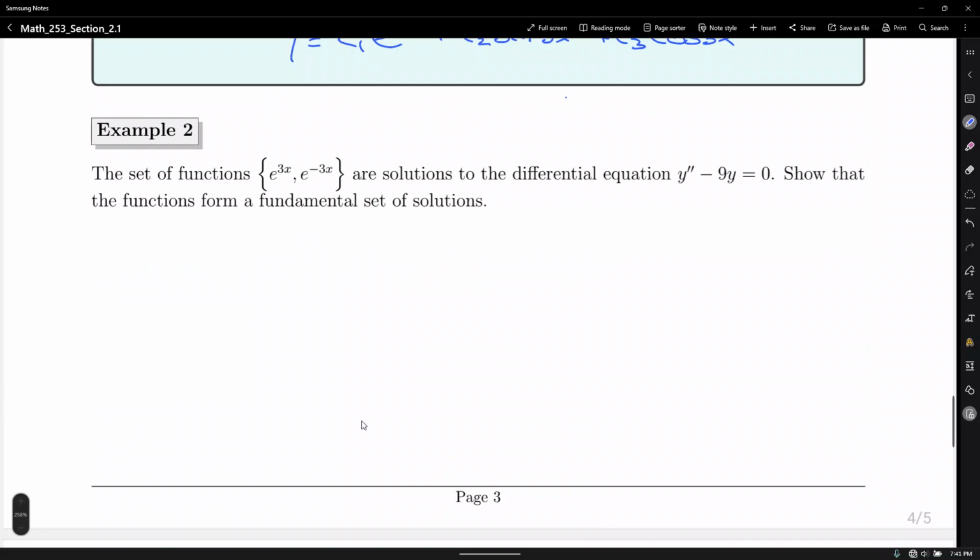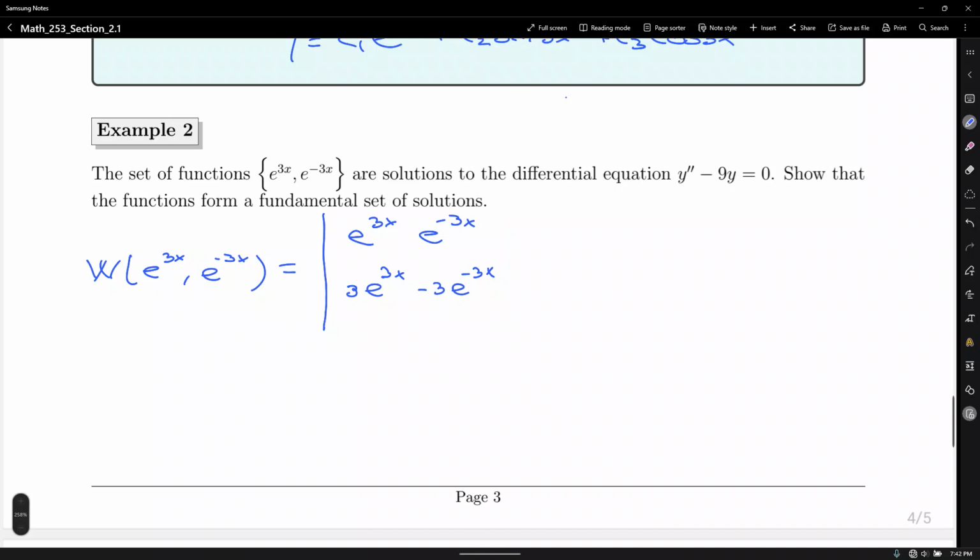Okay, so let's denote the Wronskian to be W of e to the 3x, e to the negative 3x, and that equals, the first row will be e to the 3x, e to the negative 3x, and the second row will be 3 e to the 3x, negative 3 e to the negative 3x.